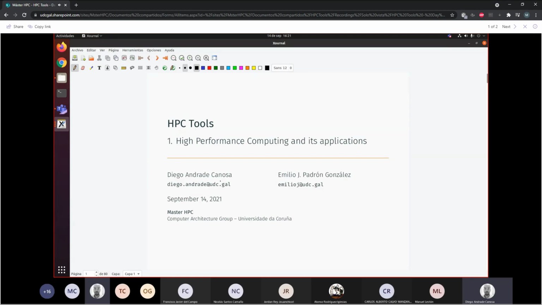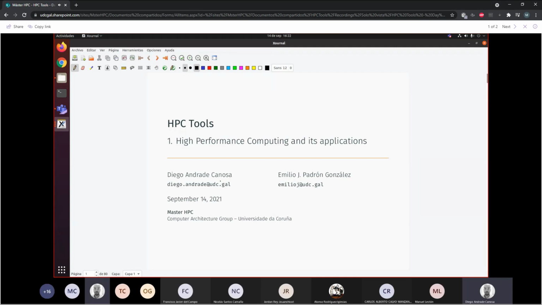And then we are going to have the second half, where we are going to talk about different fields or environments where we can apply high performance computing. This is just some kind of motivation for you, in order to understand in how many areas you can apply this superpower that you are going to acquire in this master, which is high performance computing.